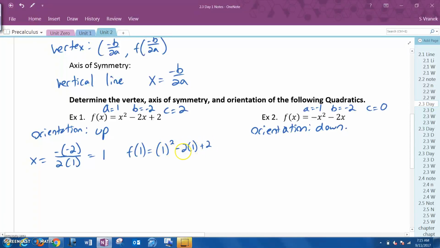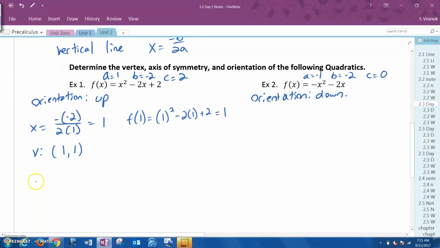So that would be 1 minus 2 is negative 1 plus 2 is 1. So the vertex for this problem is at an x of 1 and a y of 1. And then finally, the axis of symmetry is just the line. If you look at the x coordinate of your vertex, it's x equals 1. It has to be a line though, so it has to be an equation.